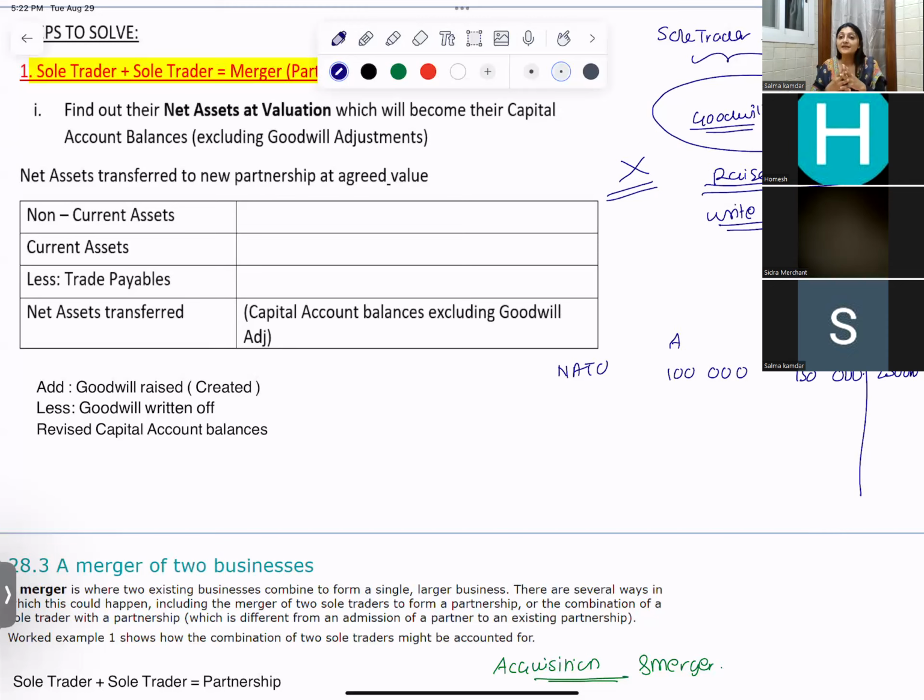They are not only bringing money, they are also bringing goodwill, something that can bring profit to the business. So we add the goodwill raised, which in my example is 100,000. But then the partners decide that they don't want to show goodwill in the books. So when the partners decide that they don't want to show goodwill, that means what?